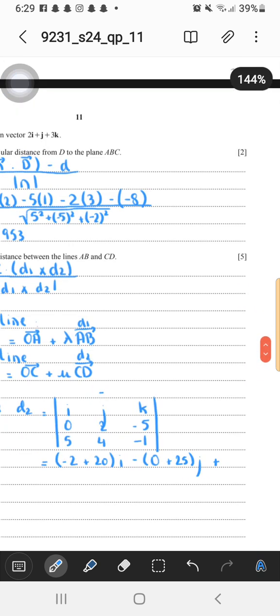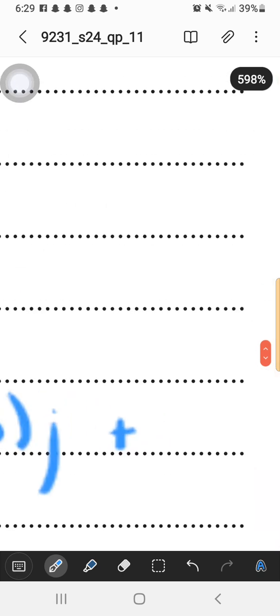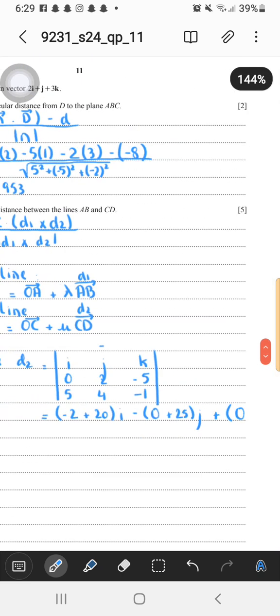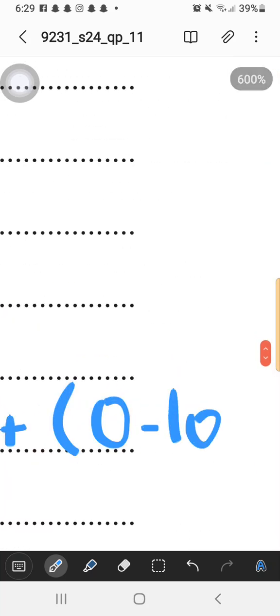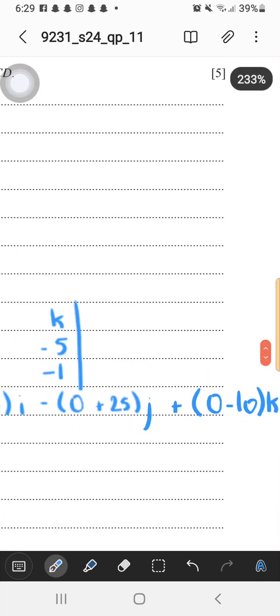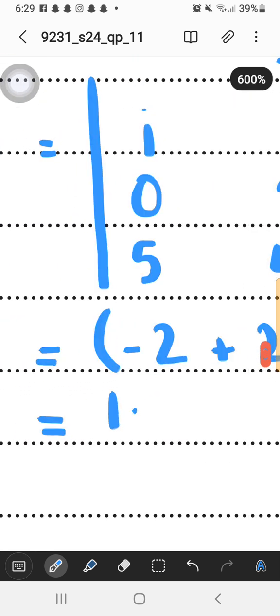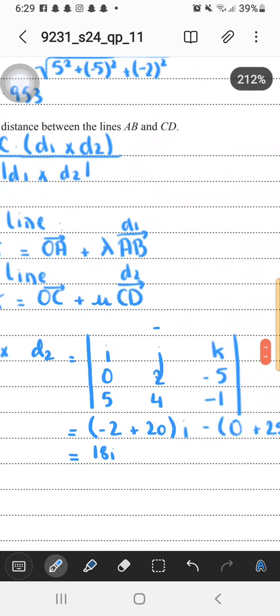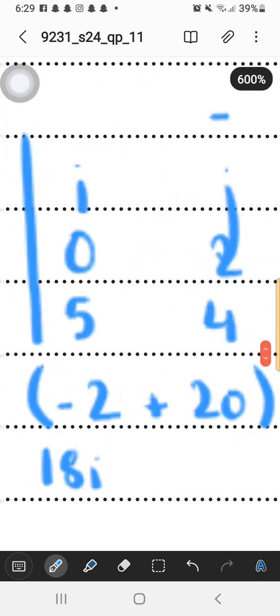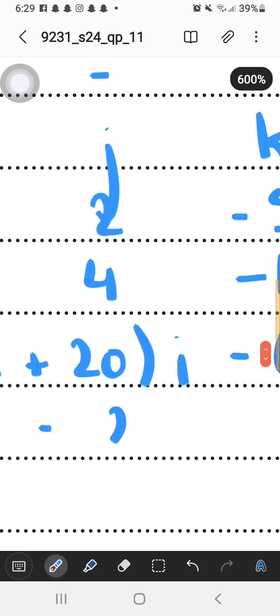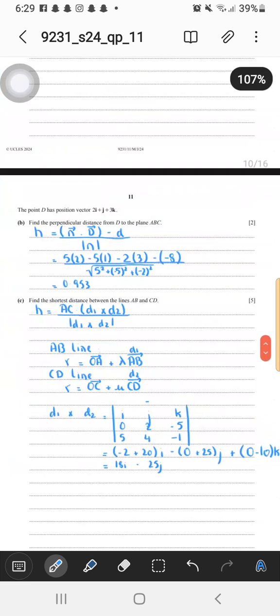Plus 0 by 4 is 0. Then 5 by 2 is 10 and it is negative 10, k. This is 18i minus 25j minus 10k.